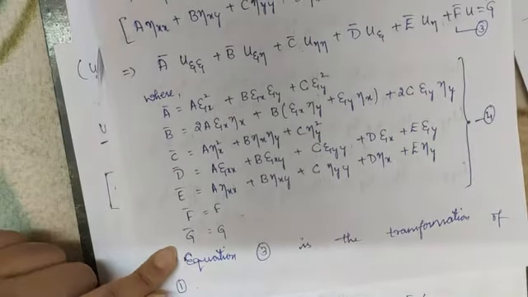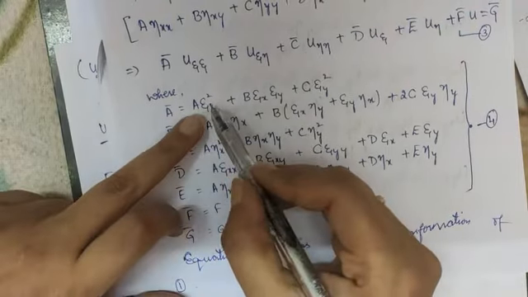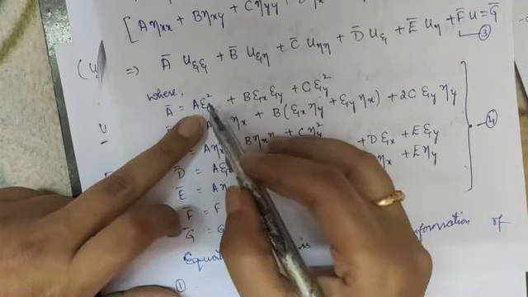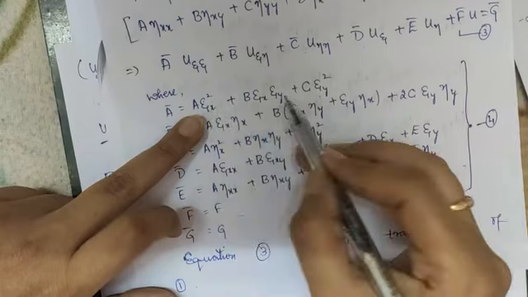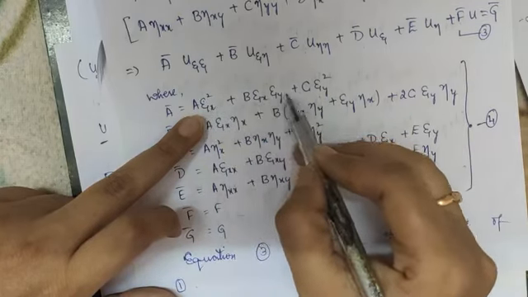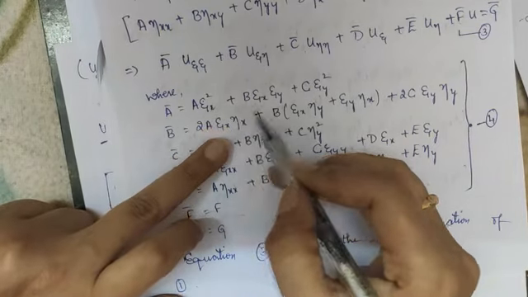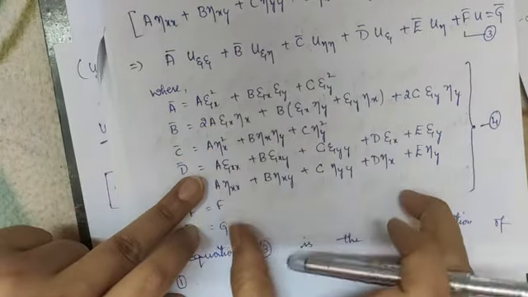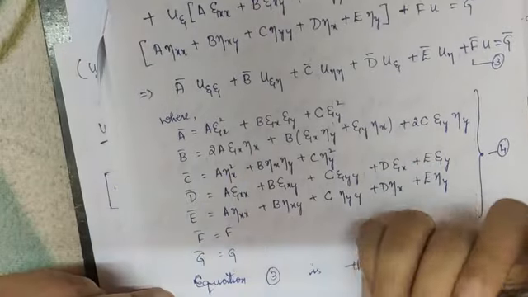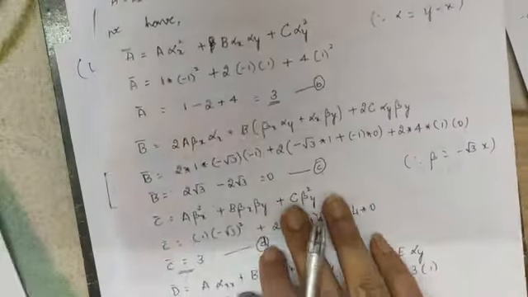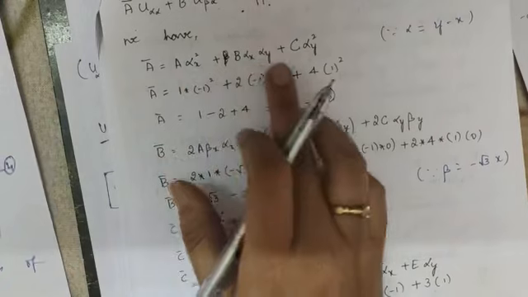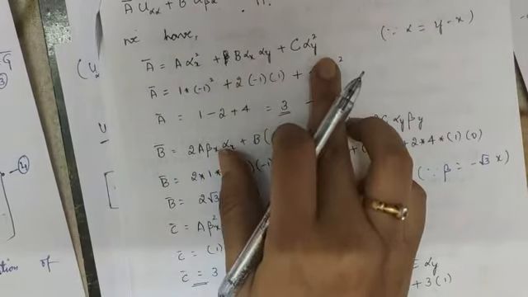Like the previous method, here in the place of xi x, you just write alpha x. Here it is alpha x, alpha y. In the place of eta x, you will write beta x, right? So this transformation is converted to alpha and beta terms. Like this, you can observe here, alpha x, alpha y square.